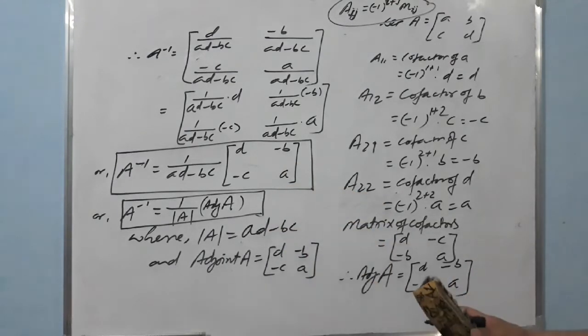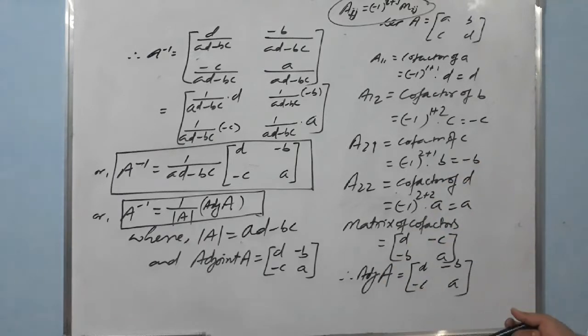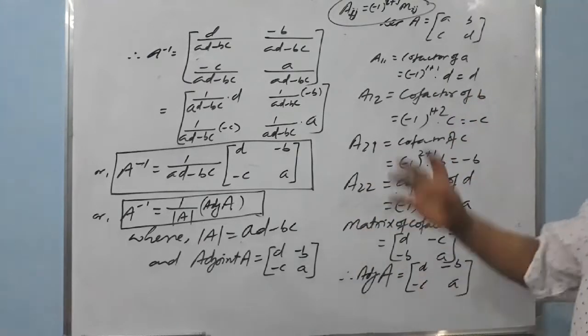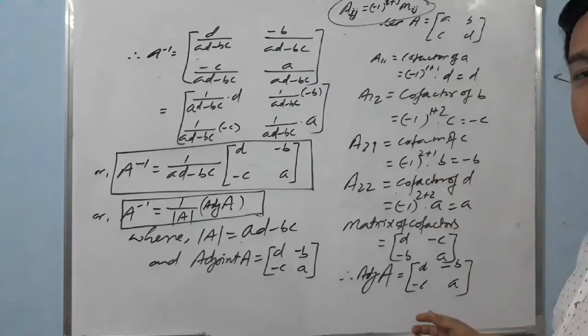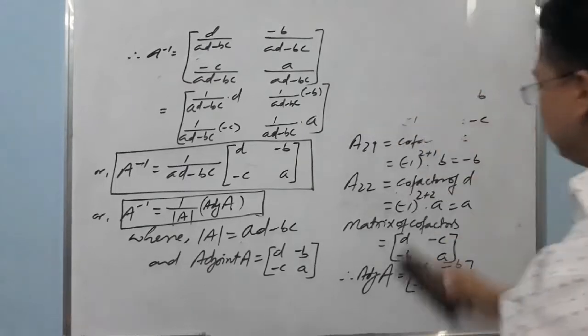Now, a simple method: how to find it directly. This is the long, lengthy method, and this is the actual method to find the adjoint of A, right? But how do we know directly?